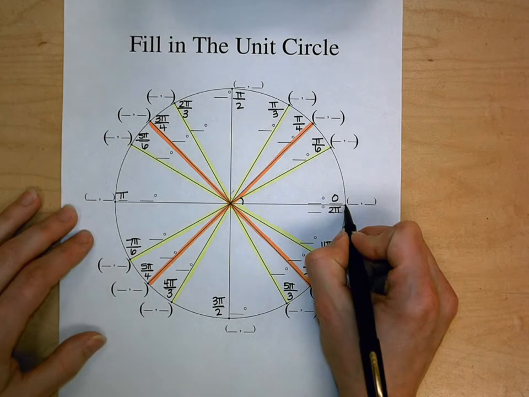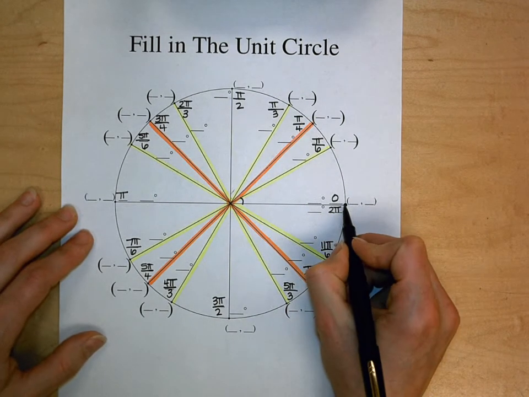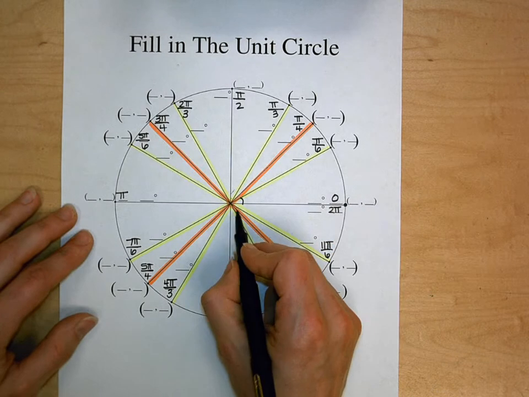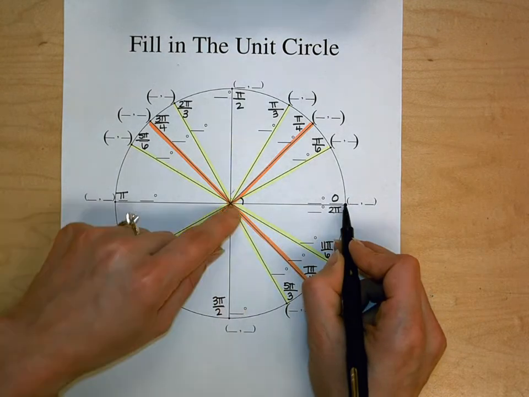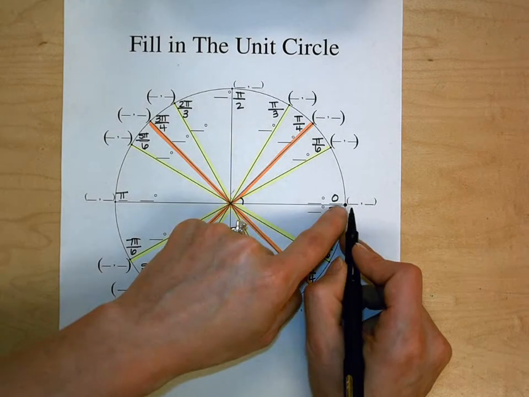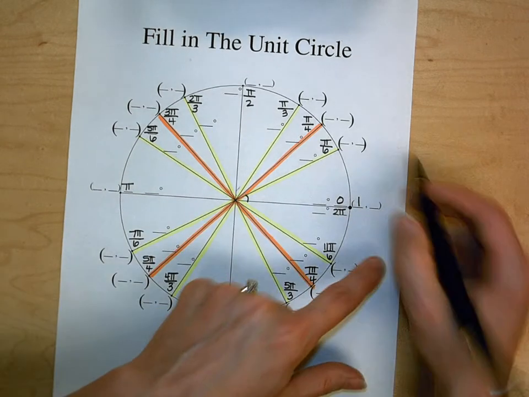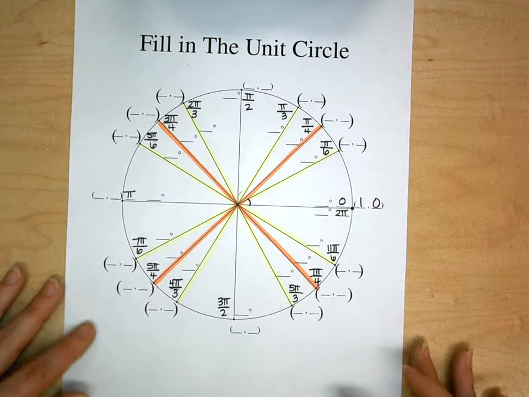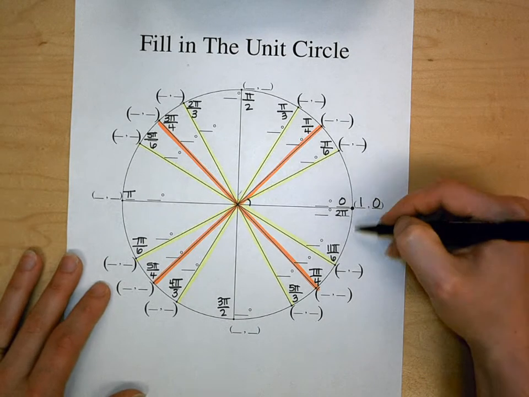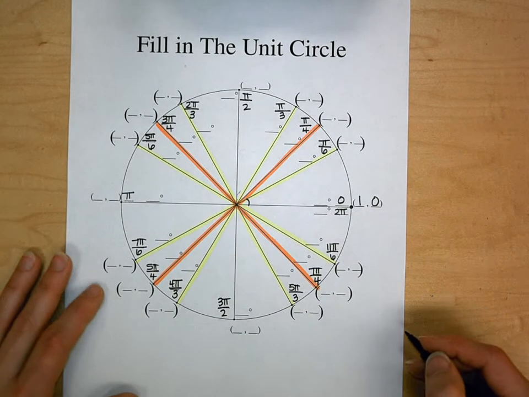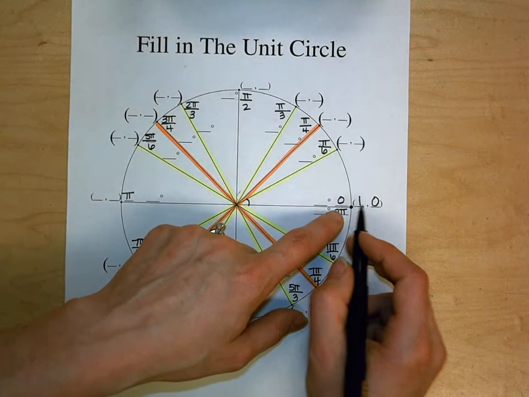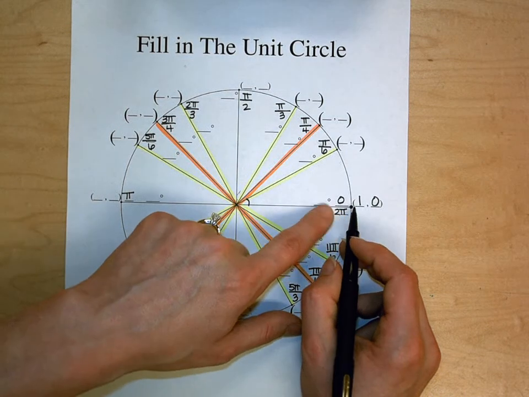So here, for example, this point. Now again, this is a radius of 1, and so I can see that the x coordinate then would be 1, and the y coordinate, well, there really is no y coordinate, so 0. Right, it's not above or below the x-axis, so our y coordinate is 0. And so let's think about some other ones that we already can figure out without doing any sort of other work.